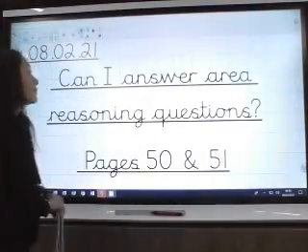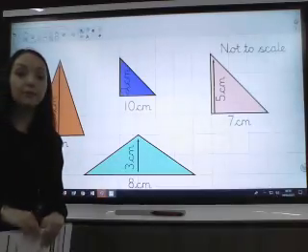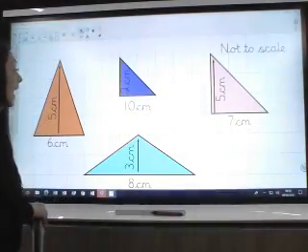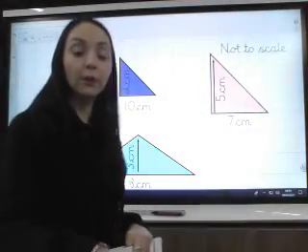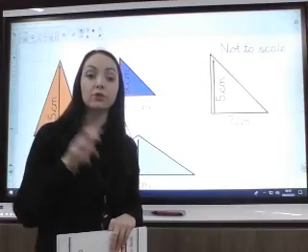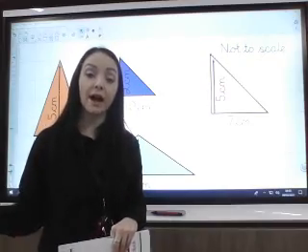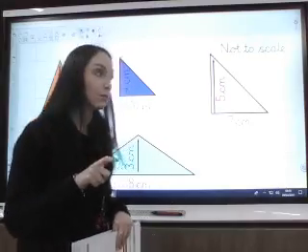Okay? So before we start though, before we even look in our books for today, I just want to quickly go over the area of triangles with you, because I know you're all secure with finding the area of rectangles, squares, and even parallelograms, but I just want to make sure we're all definitely secure with triangles.